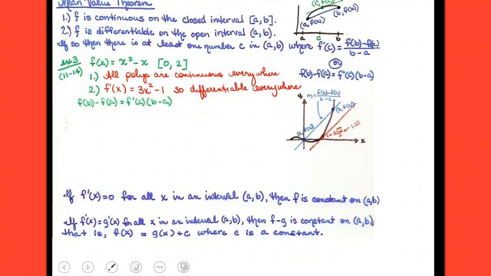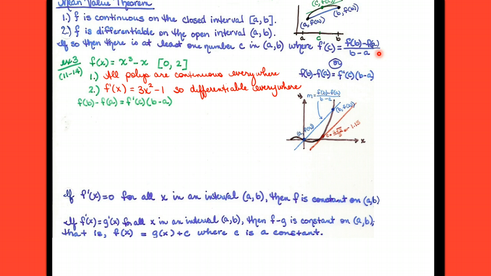Great, what is the mean value theorem? It says if those things are true, and they are, then there is at least one number c in your interval where the derivative at c will be equal to f of b minus f of a over b minus a. What's that the formula for? Slope, yeah.